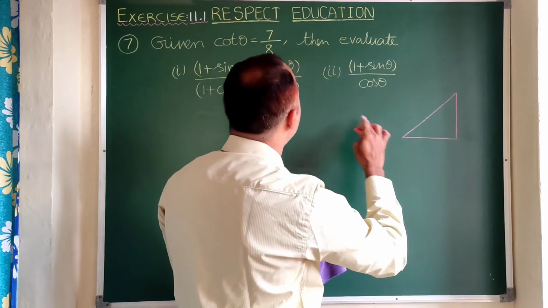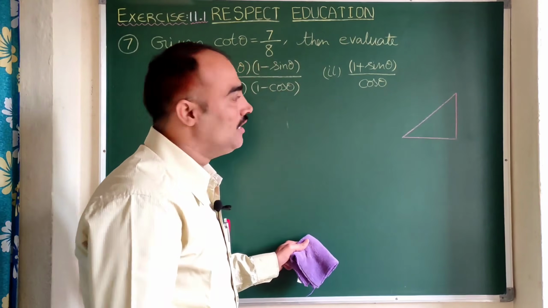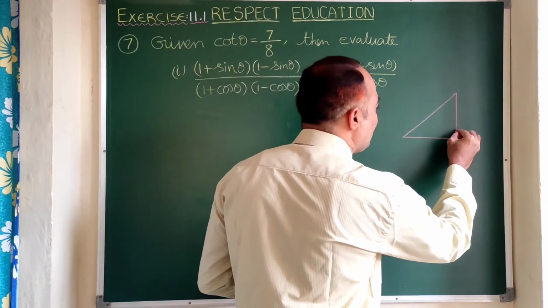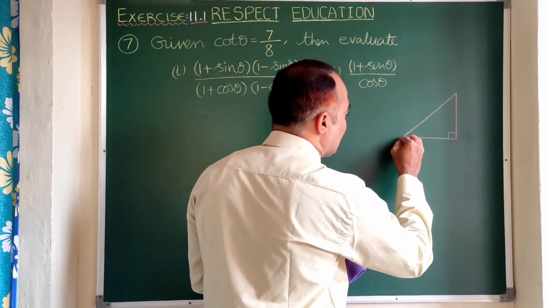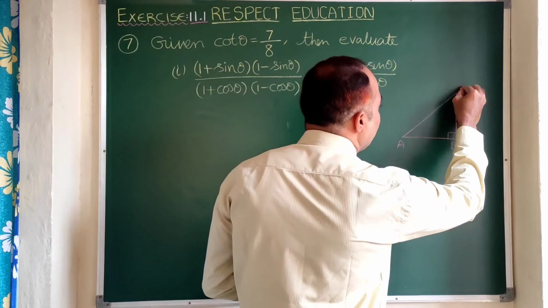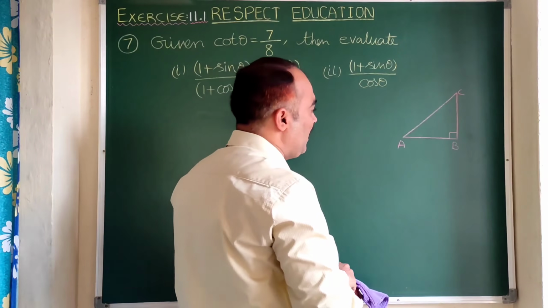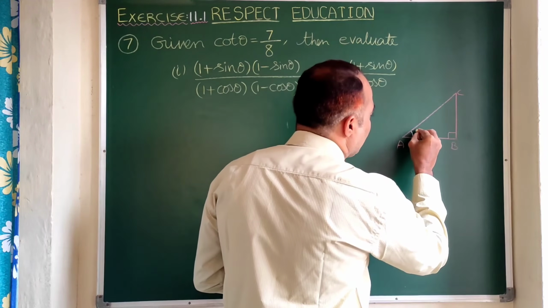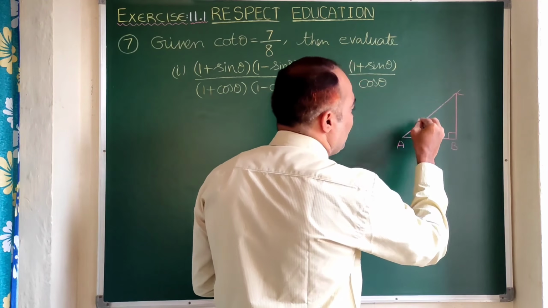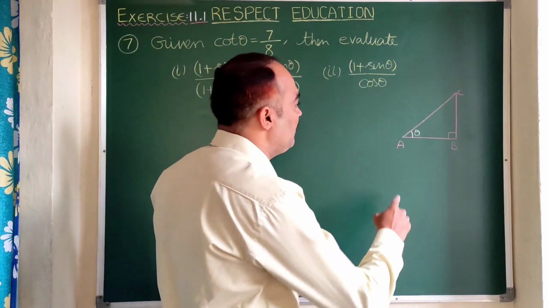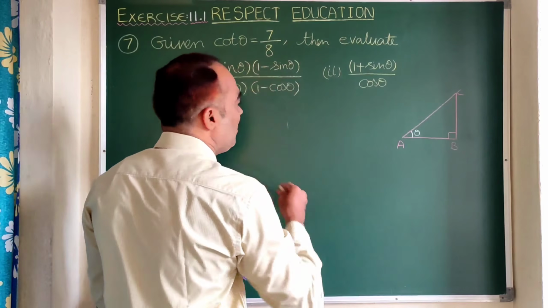Here as it is not mentioned A, B, C, P, Q, R, we can label it with any letter. So here I am taking this as A, B, C, and moreover here I am taking theta. If I take theta here, now let us see what is the formula of cot theta.